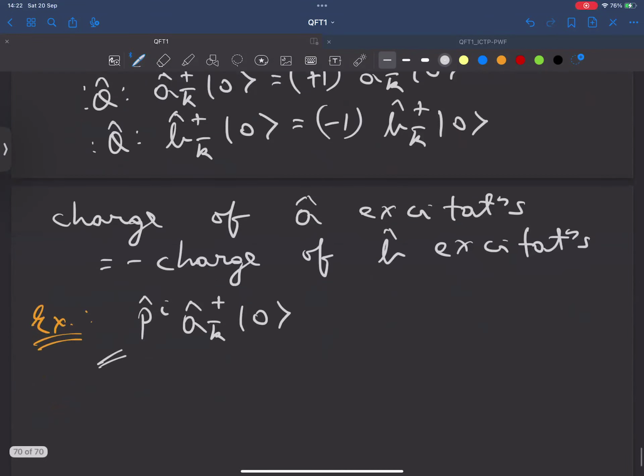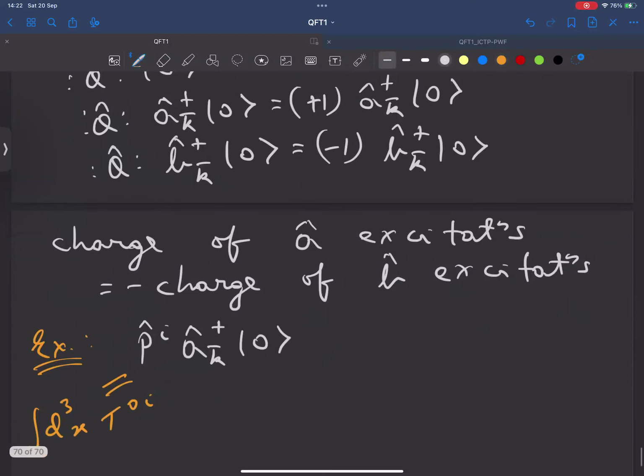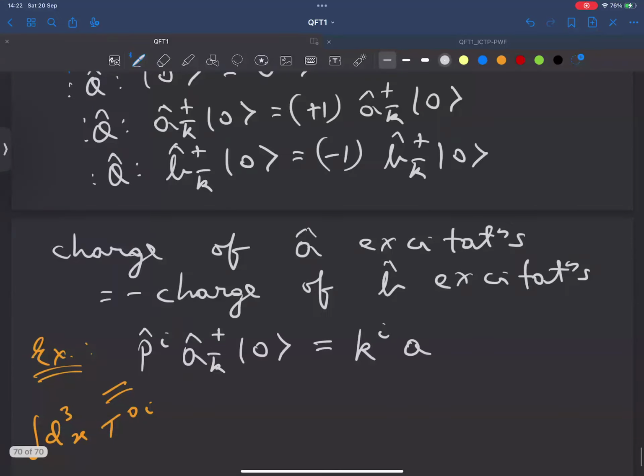So recall, this was written as the integral d^3x T^{0i}. So now you know the stress tensor in terms of ladder operators, and if you do that exercise, you can write P in terms of the ladder operators, and this will just spit out the momentum of the state k.